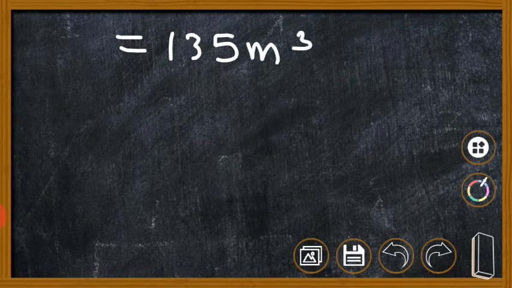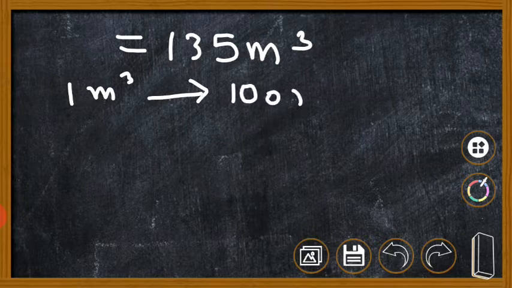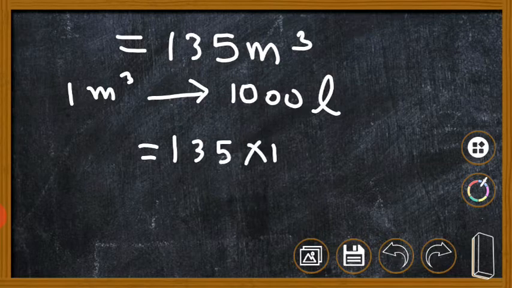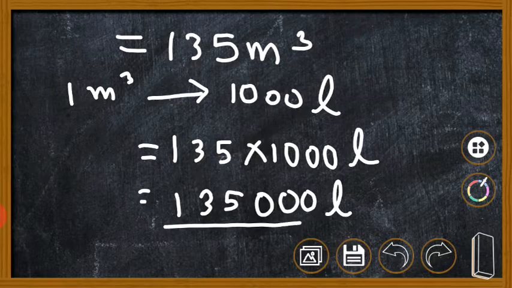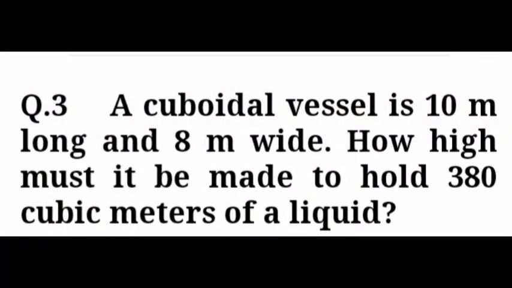But you have to calculate how many liters of water. We know that 1 meter cube is 1000 liter. Therefore 135 meter cube is equal to 135 into 1000 liter, that is 1,35,000 liter.